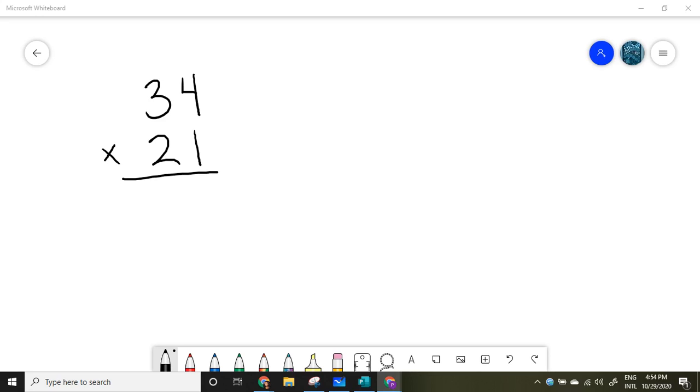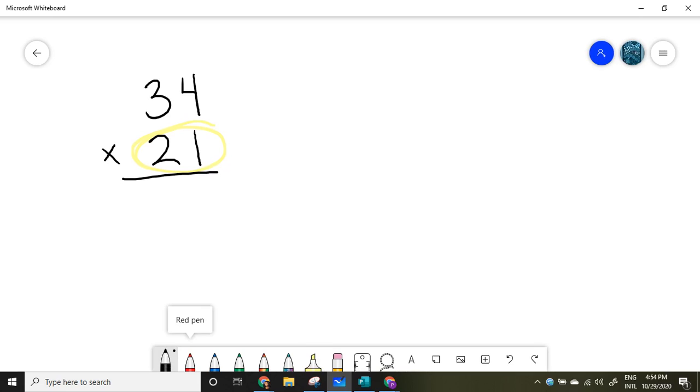We are practicing using an algorithm or a special pattern or strategy to solve 2-digit multiplication problems. One strategy that you can use to make this sort of math a little easier is to break up your bottom number into ones and tens. Here my bottom number is 21.